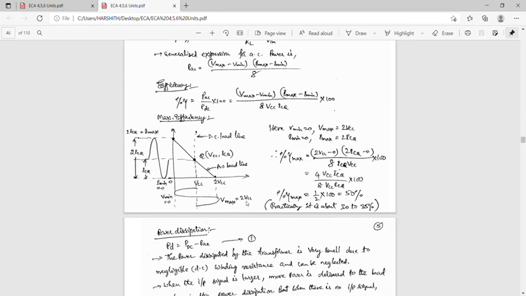And I minimum is 0 and I maximum is 2 ICQ. Using these in the efficiency equation, we can solve and get 50%. So the maximum efficiency in the transformer coupled amplifier is 50%. Practically it is only about 30 to 35%.